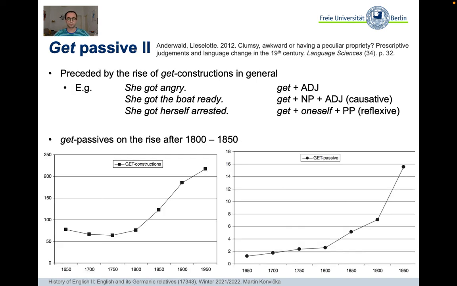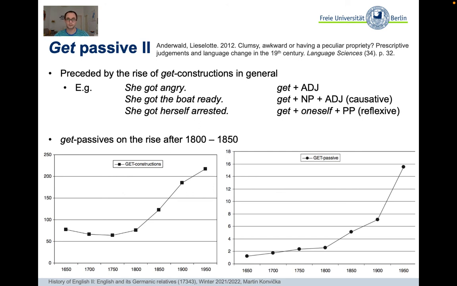And if we take a look at how this get passive developed in the 19th century, we see that before that happened, there was a gradual rise in the use of other get constructions.